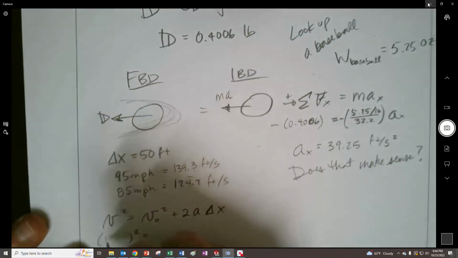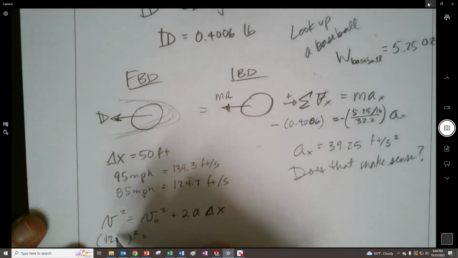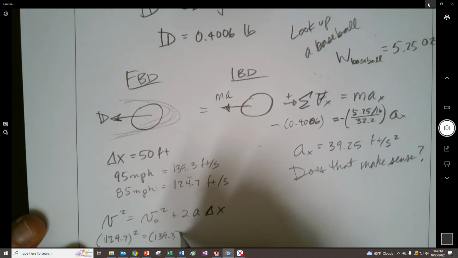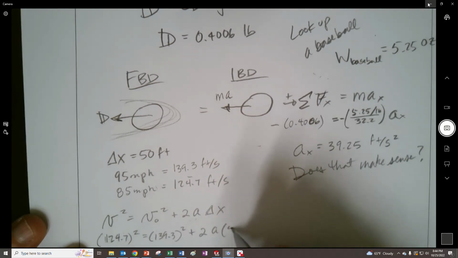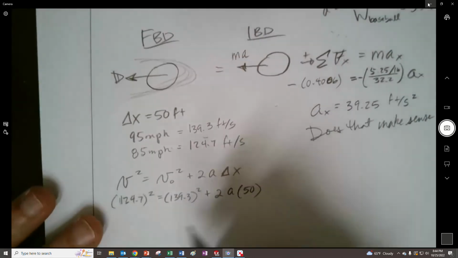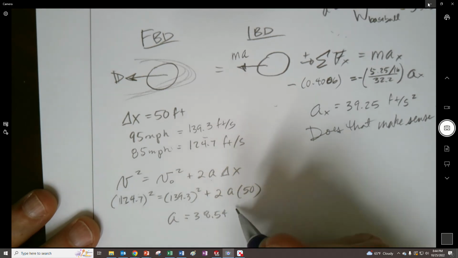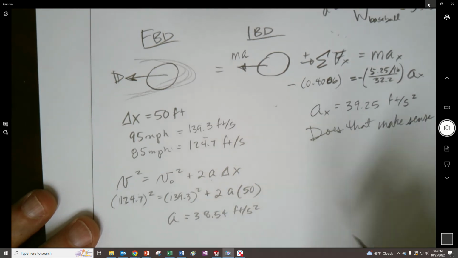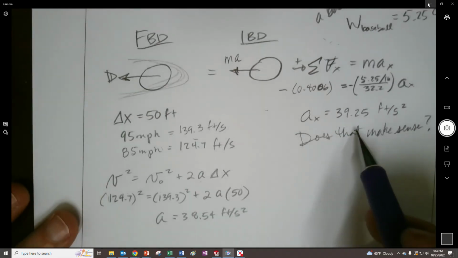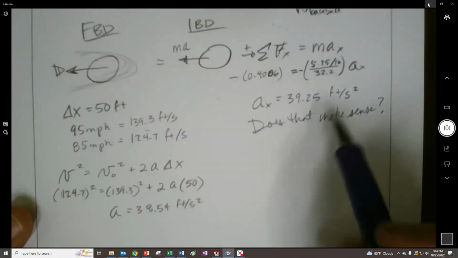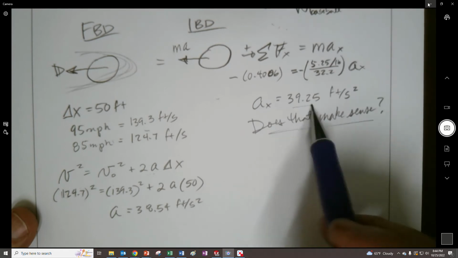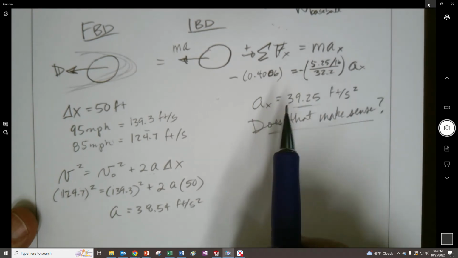The final is 124.7, and then we would have 139.3 squared plus 2. We're looking for the acceleration, and there's 50 feet. If we do that, what we find the acceleration is 38.54 feet per second squared. So that matches up really well to say that, yeah, I think this makes sense in terms of the drag force.